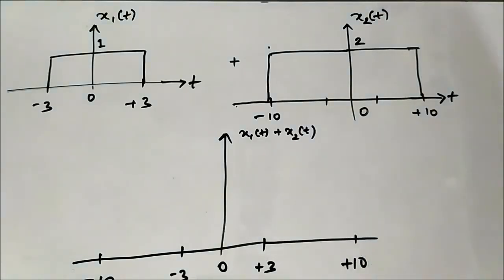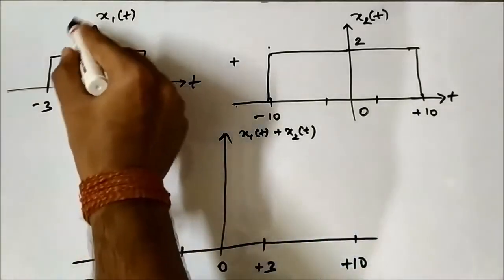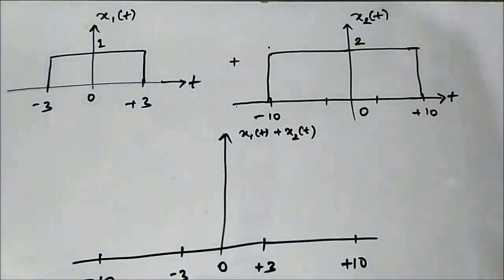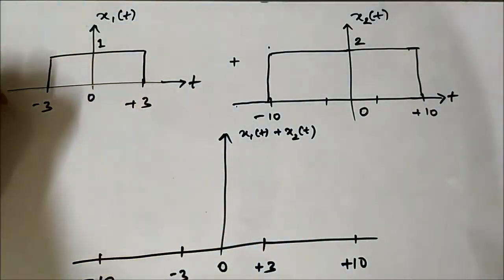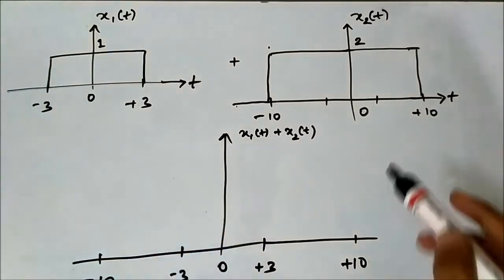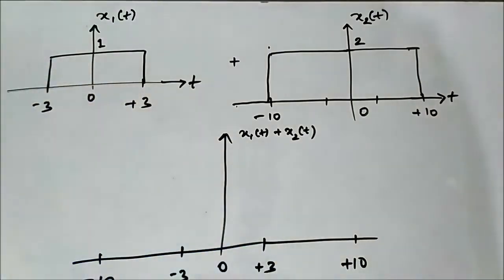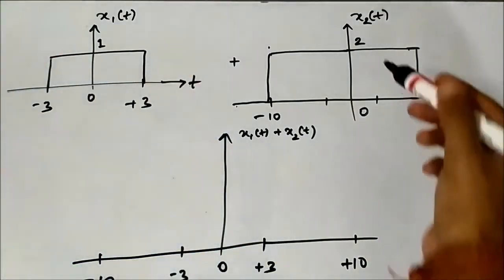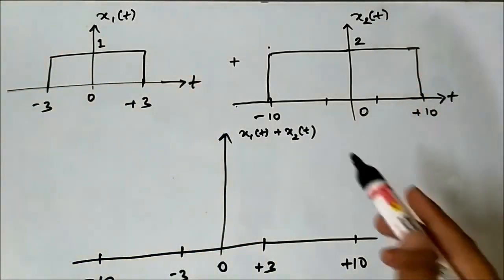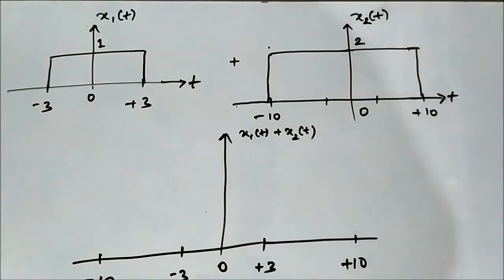So in between this duration from -10 to -3 and +3 to +10, x1(t) is 0. Okay, from -10 to -3 and +3 to +10, x1(t) is 0, and only x2(t) is there, amplitude 2.